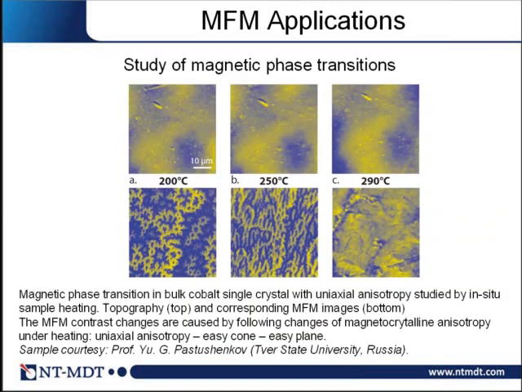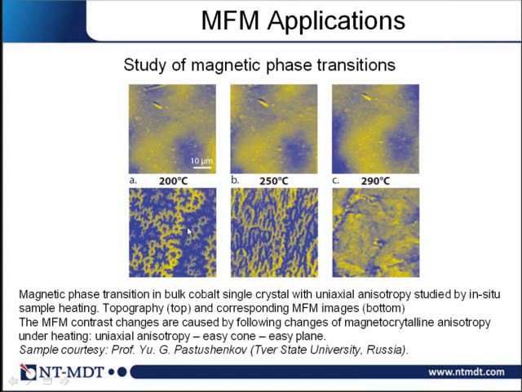You can also perform measurements at different temperatures using MFM, and in such a way you can investigate phase transitions. Here is an example of a phase transition where the magnetic anisotropy is changed with the temperature. You see topography and MFM images of the same sample at different temperatures, and it is clear that with the topography nothing dramatic happens, but the domain structure changes really dramatically.